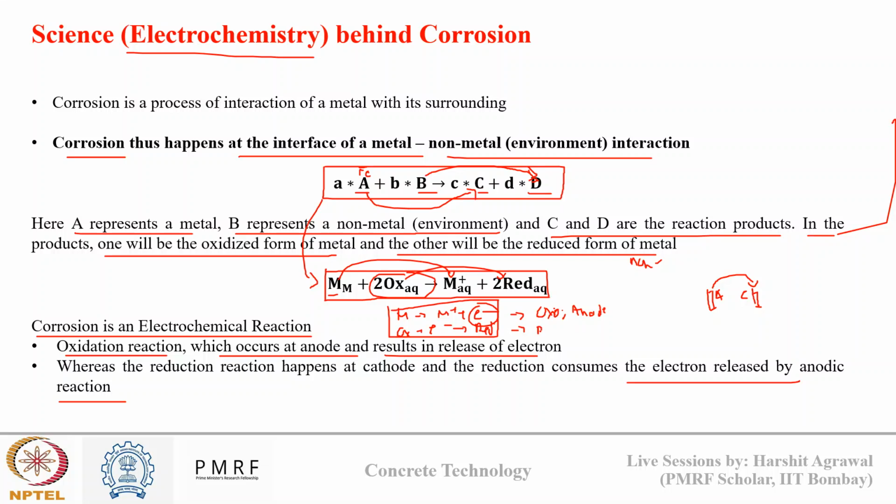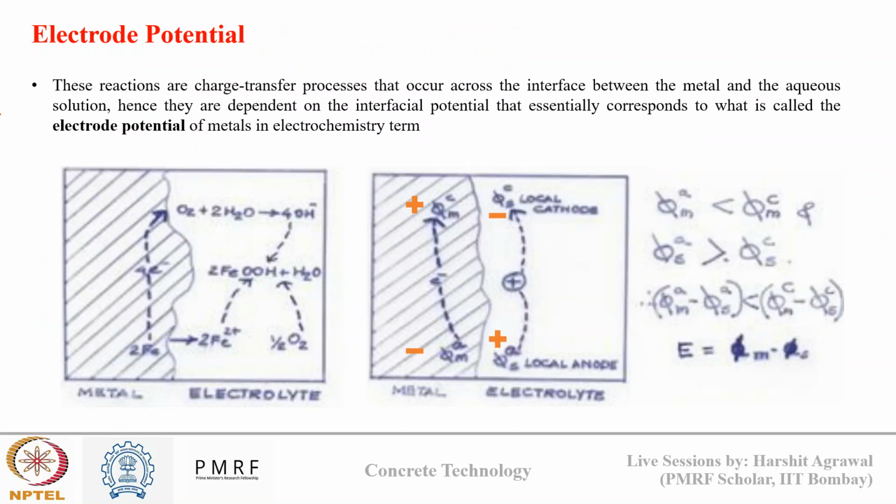This is known as the reduction reaction and it happens at the cathode. Now these reactions are charge transfer processes that occur across the interface of a metal and an aqueous solution or a non-metal, as we said earlier. Hence, they are dependent upon the interfacial potential that essentially corresponds to what is known as electrode potential.